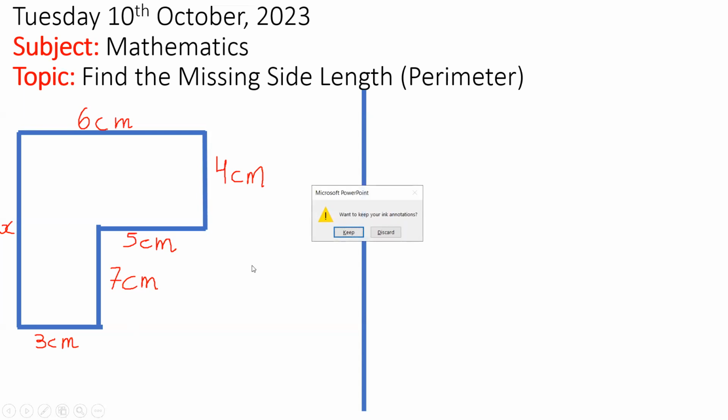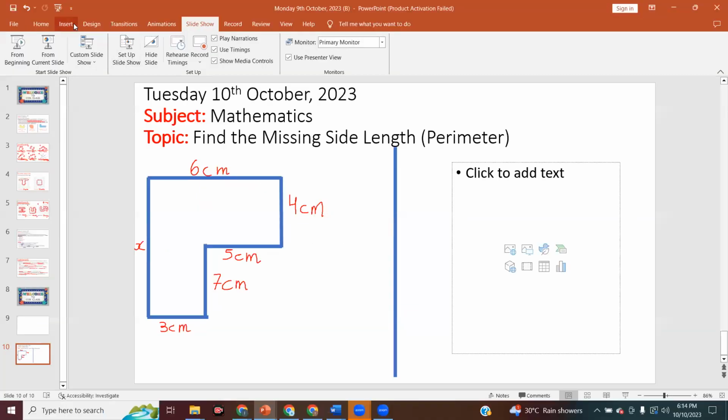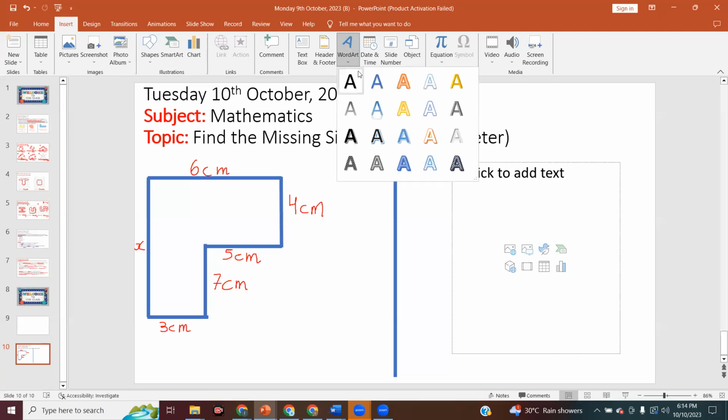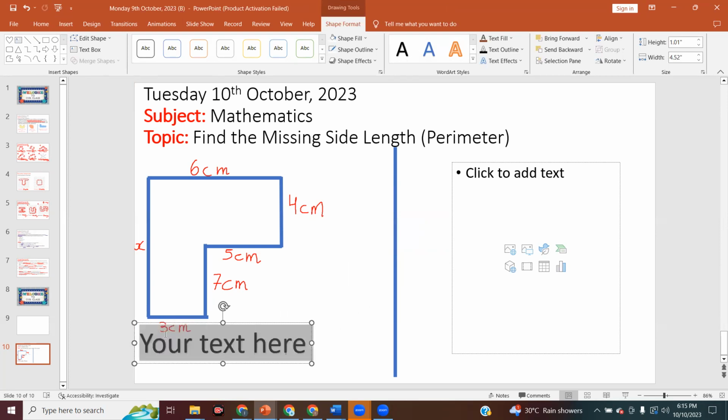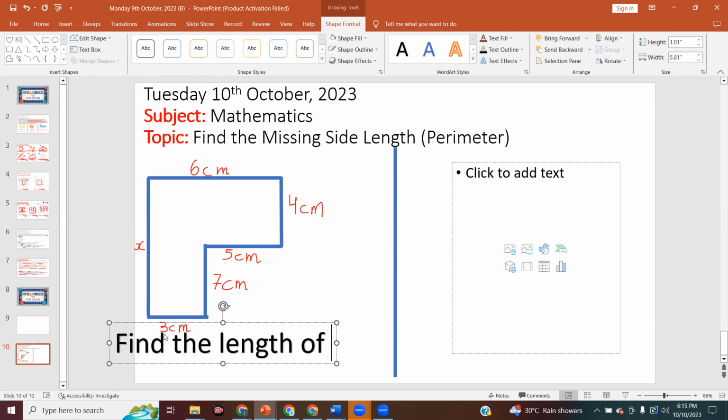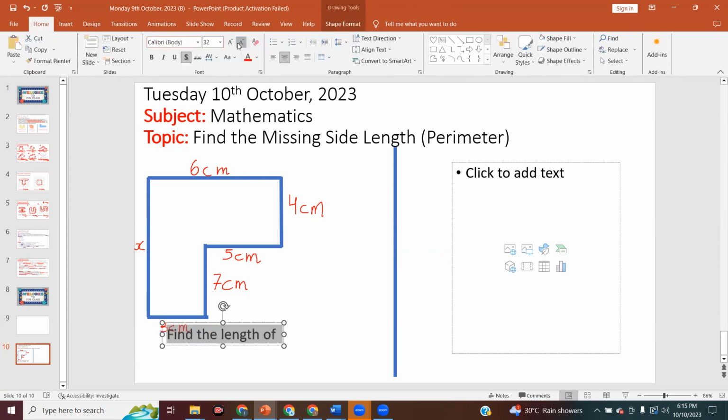And so the first part of the question says, find the length of the missing side X. Let's call that question I.